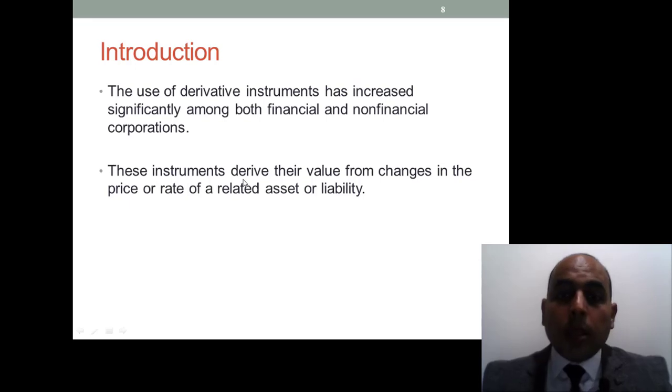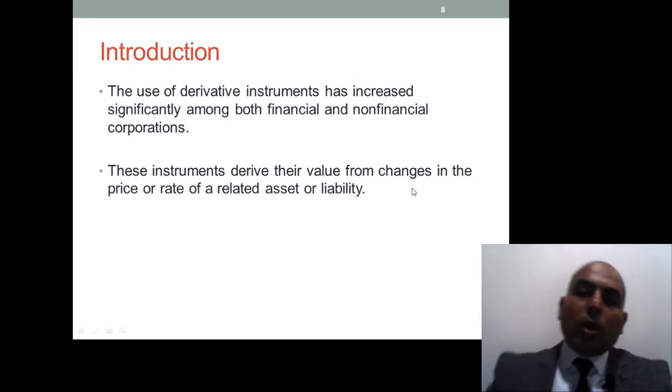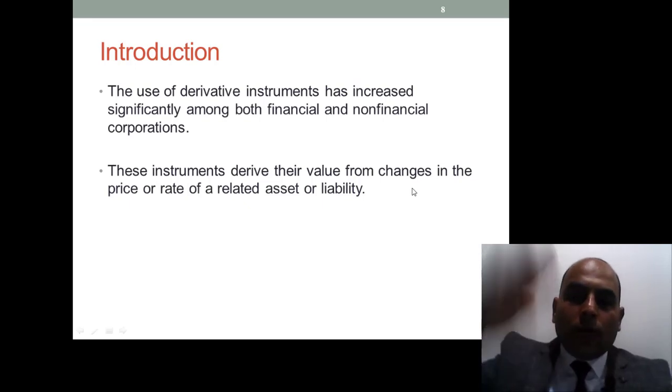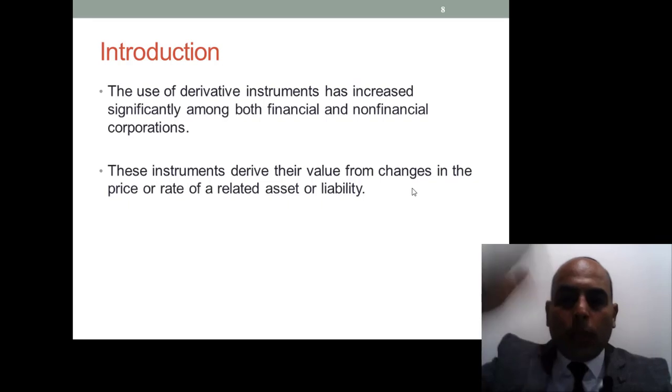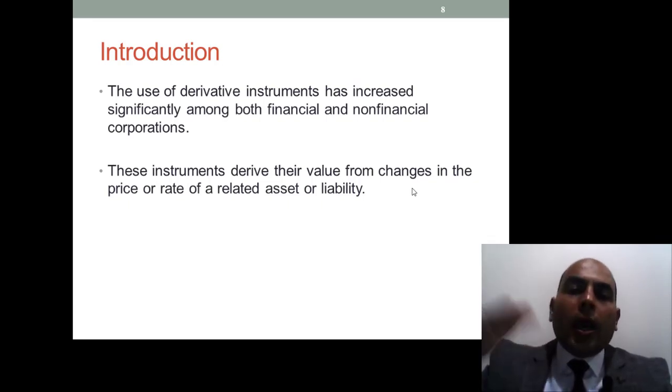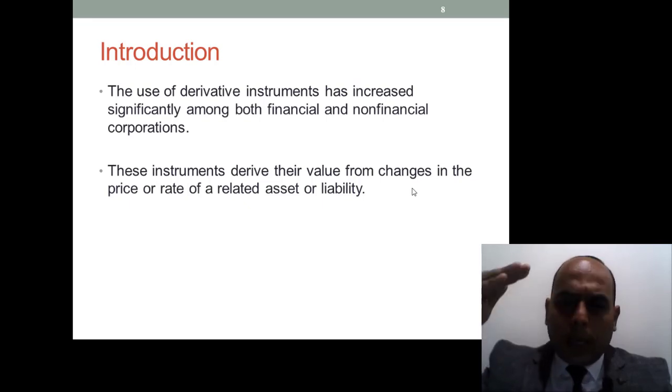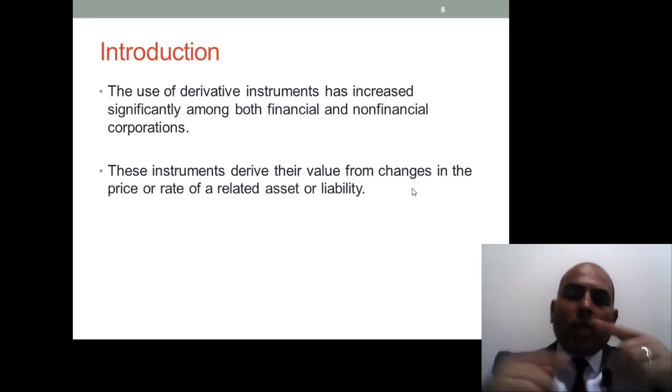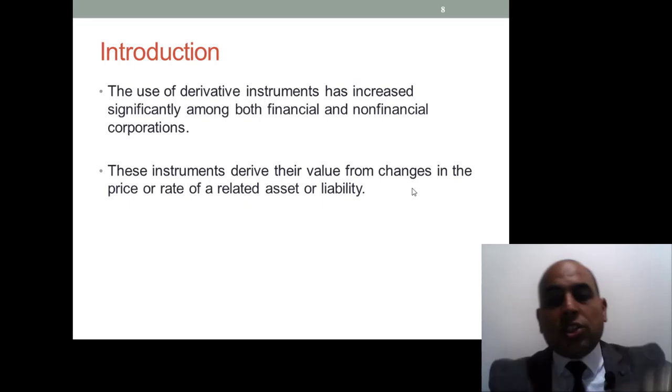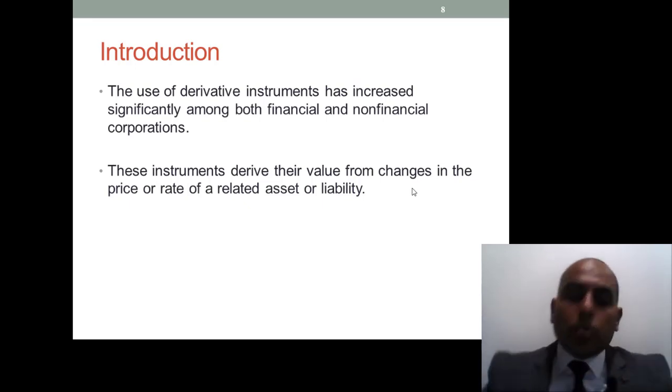Financial instruments derive their value from changes, because of changes in the prices of currencies, for example, or wheat or grains or whatever you acquire or enter into a forward or futures contract to acquire. The value of the derivative will change because of the change in the goods itself.